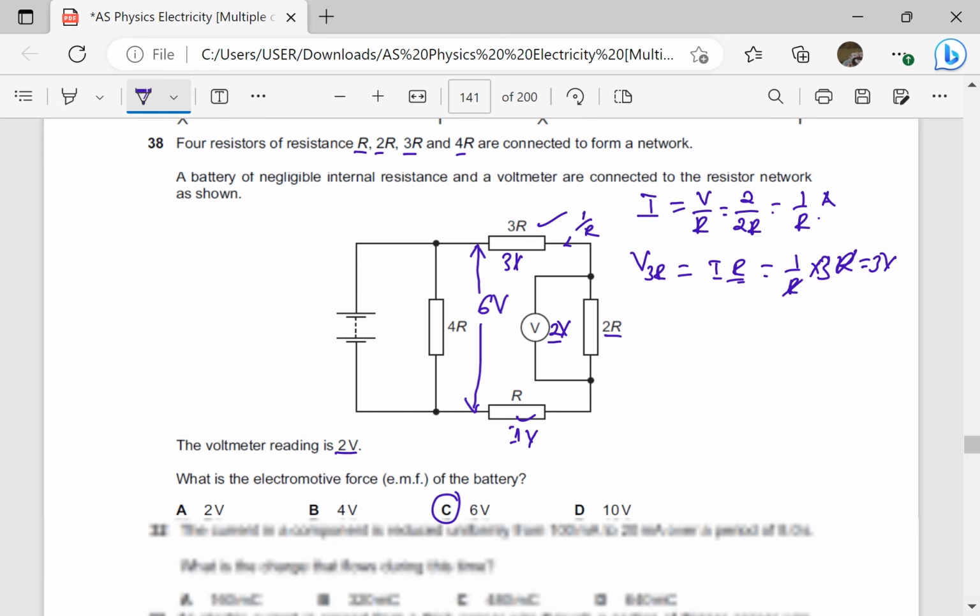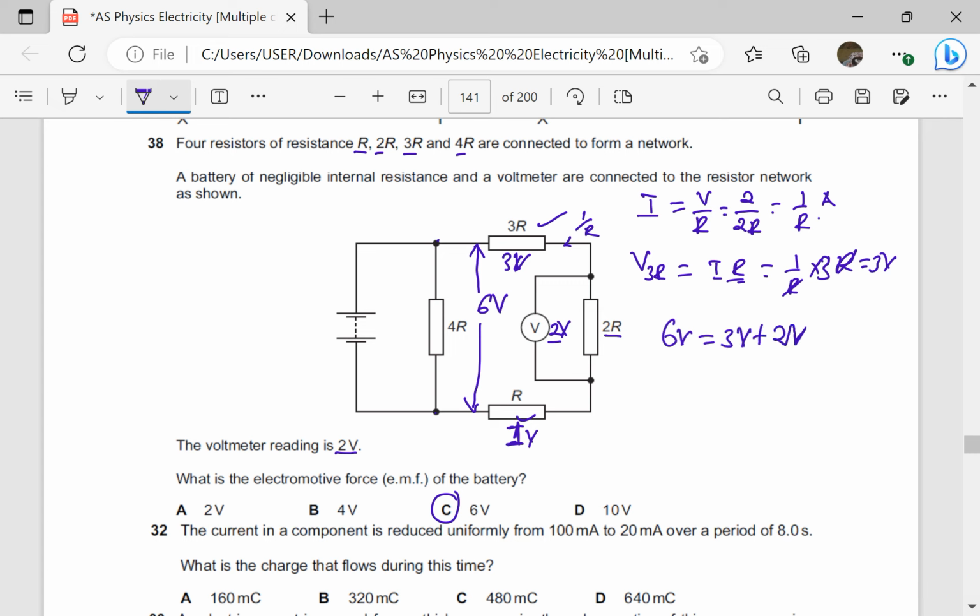Because the PD across these points is the sum of the PDs across all these resistors, which we have got as 1 volt plus 2 volts plus 3, which is 6. So the EMF of the battery is going to be 6 volts, because a combination of all those 3 resistors gives something which is in parallel with 4R, which is also in parallel with the cell. So the EMF is 6. Note how I've got 6 volts. I've said 3 volts across 3R plus 2 volts across 2R plus 1 volt across 1R.